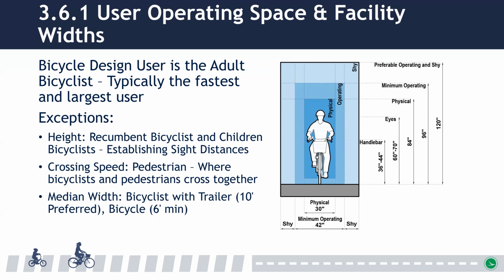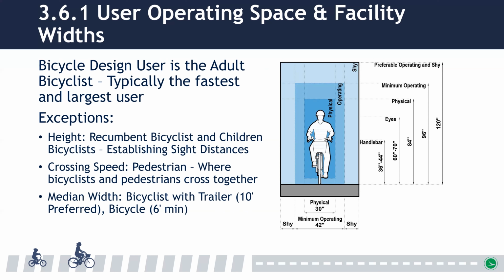Next, we'll discuss the user operating space and facility width. This is not to be confused with the design user profile, which we previously discussed as a level of comfort. The bicyclist design user is an adult bicyclist with a couple of exceptions. Number one, the height of the bicyclist is usually the recumbent bicyclist or a child bicyclist for the purposes of establishing sight distance.